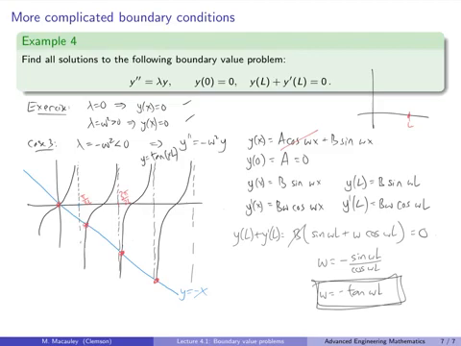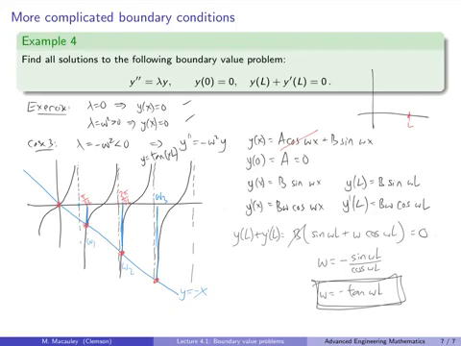I wish I hadn't drawn these things in here. I'm going to call this omega 1, this omega 2, and when I say this, I mean the x value of that. That's omega 1, that's omega 2, and that's going to be omega 3, and so forth.